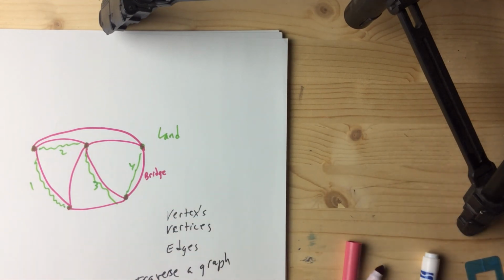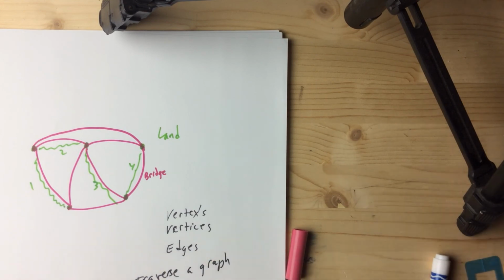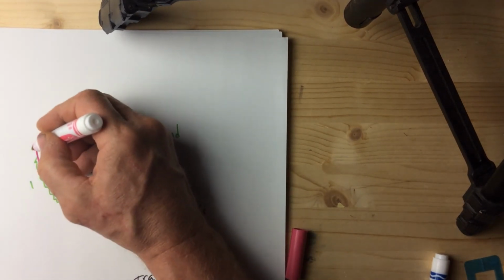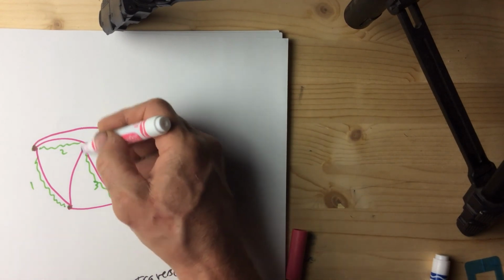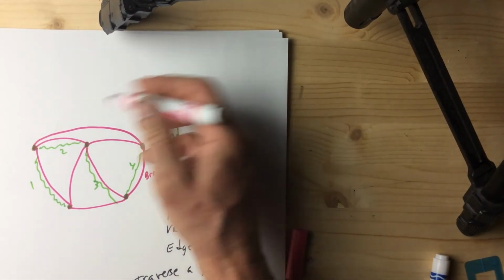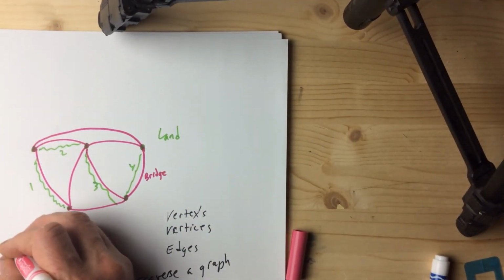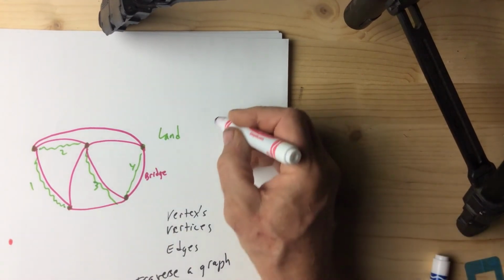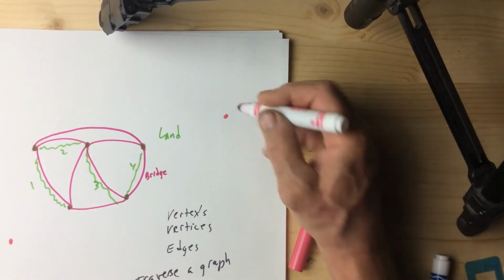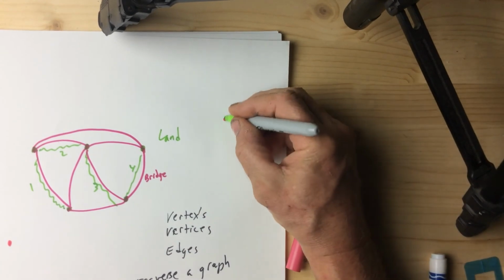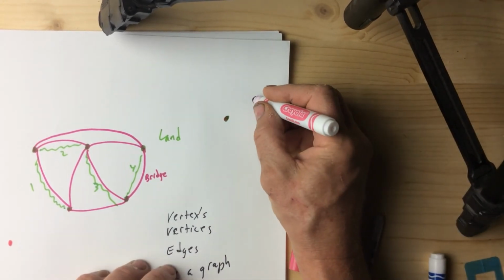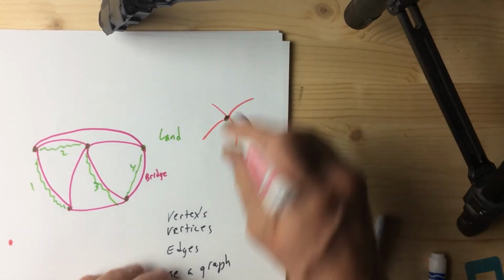Well, Leonhard Euler discovered that in order to visit everything and come home, you have to go into something and come out. Next time, go into something, come out. Now, something might be visited more than once. Imagine the following. You have a piece of land that has 4 bridges come into it.